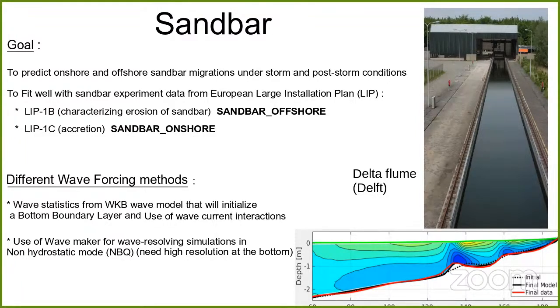You have to put in the name list the period and significant height, and you force the boundary, and then using the wave current interaction, the result is it gives a different stress at the bottom. And we will see on the next slide what happened.